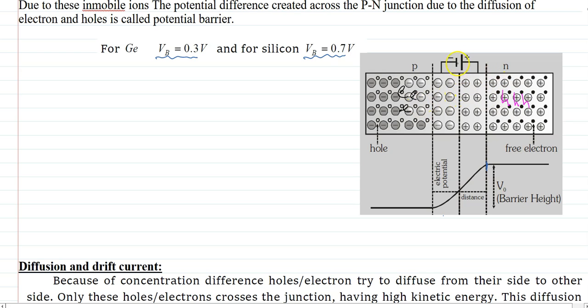The electric field makes these holes and electrons flow, so the minority carriers, electrons, move with high speed from the p side to the n side, and holes move from the n side to the p side. This current is called drift current, and in equilibrium the drift current is equal to the diffusion current.